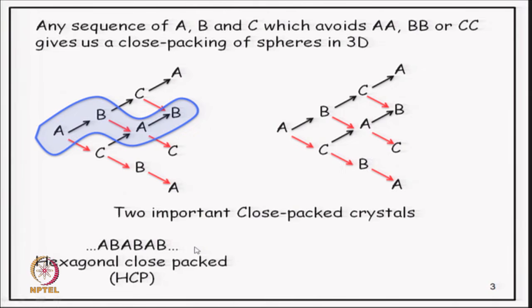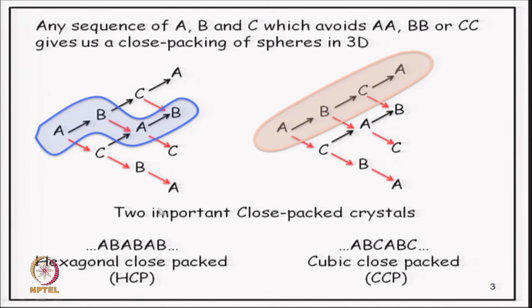This gives us a hexagonal close packed structure or HCP structure. The other important one which occurs in nature is ABC, ABC. So, if we continue in this sequence ABC, ABC, then we get a cubic close packed structure. So, these two are particularly important and we will deal with them one by one. In this video, I begin with the hexagonal close packed or HCP structure.